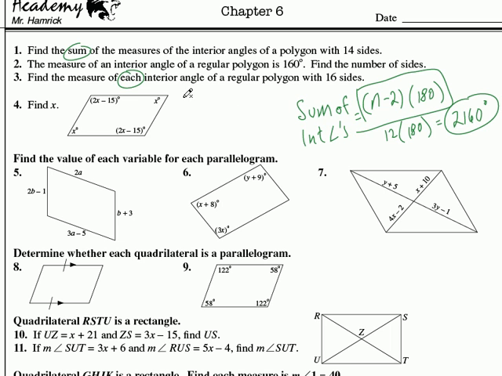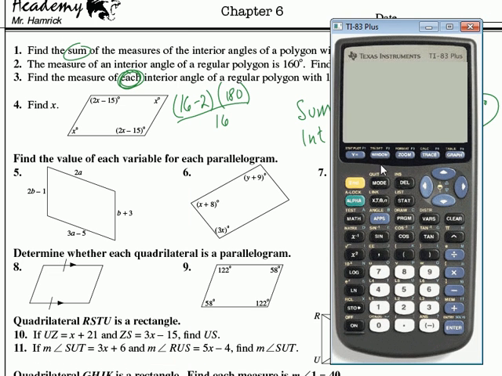So if it's got 16 sides, what we're going to do is go 16 minus 2 times 180. That gives you what all the angles add up to be. But if it's got 16 sides, it's got 16 angles. So if I want to find each angle and they're all the same, what do I do? Divide it by 16. So 16 minus 2 is 14 times 180, the sum of all the angles, 2520.